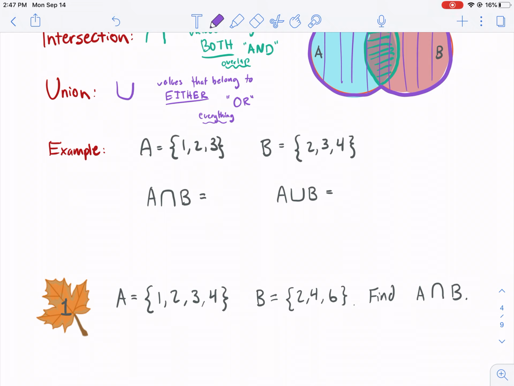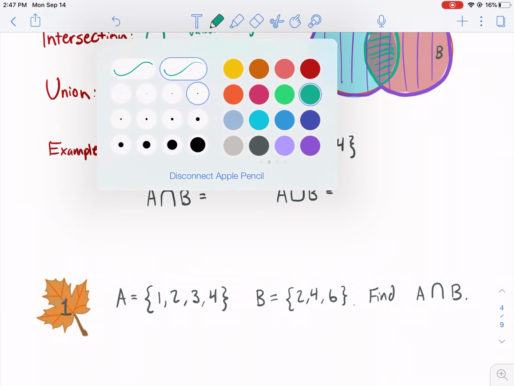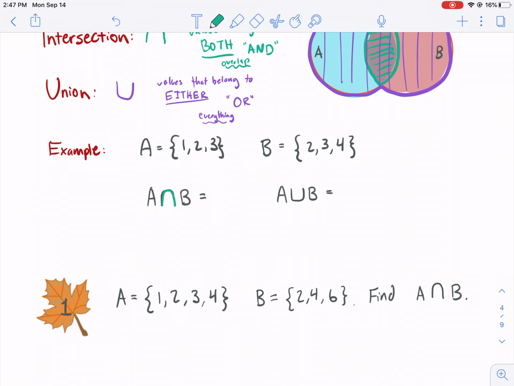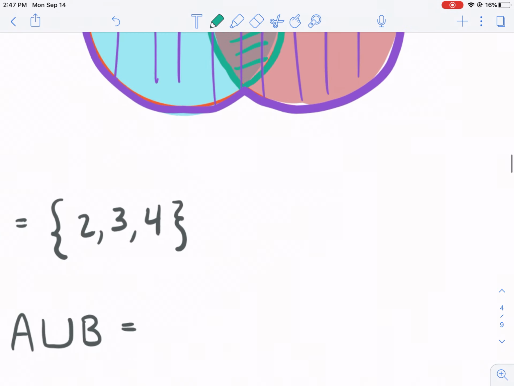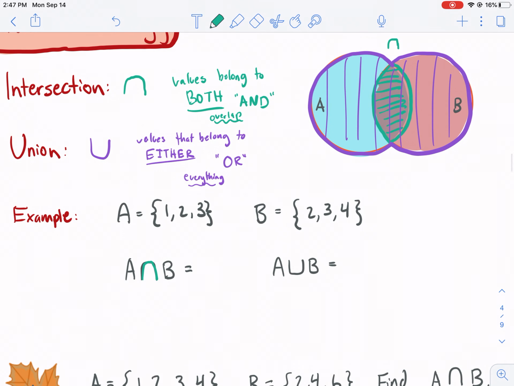A is the set of the numbers 1, 2, and 3. B is the set of 2, 3, and 4. First thing we want to find is A intersection B. What belongs to both? Where is their overlap?